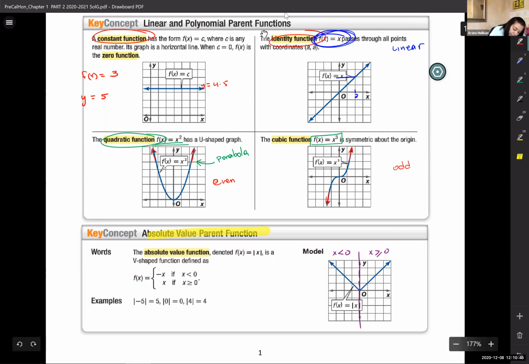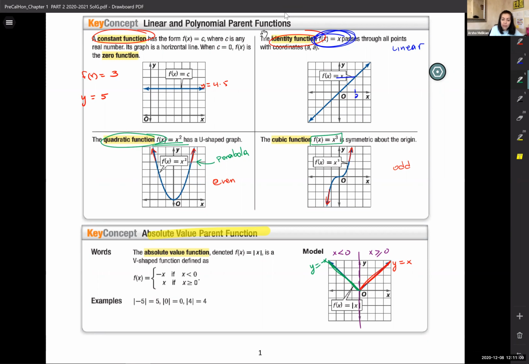Now look, if I were to just take this line, is that the same as the graph for y equals x? It is. And if I were to take the other half, is that the same as y equals -x? It is.